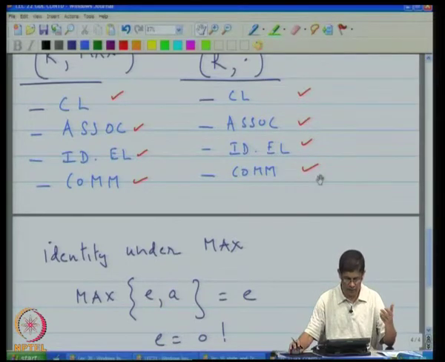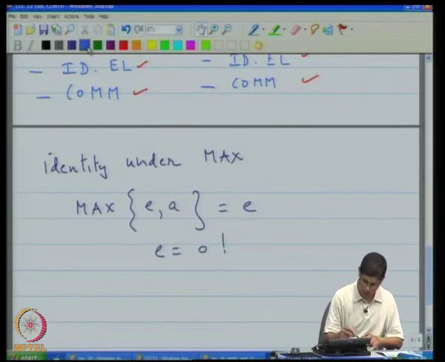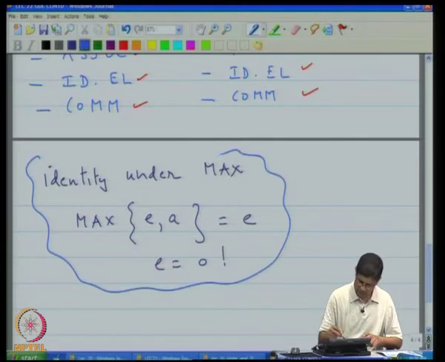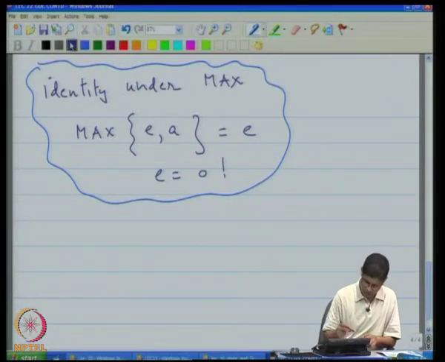And the distributive law. That only remains to see: does the distributive law hold? Okay. That was just the identity element, and now let us check how about the distributive law.